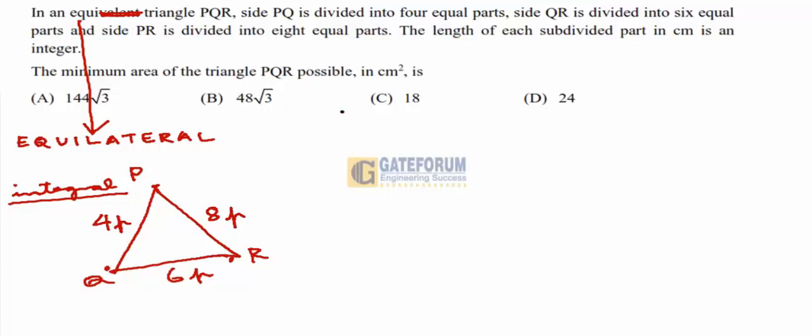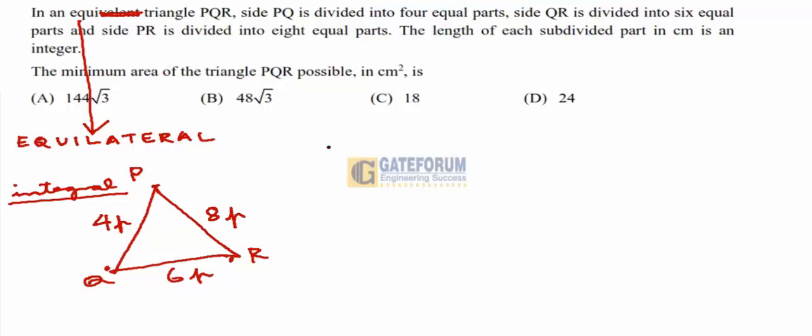So immediately the first point that will come to my mind is the side PQ, and PQ is equal to PR is equal to QR. So side PQ must be such which should be the shortest but should also be perfectly divisible. No remainder, because any remainder means decimal values will come. Fractional values. So perfectly divisible by 4, 6, and 8.